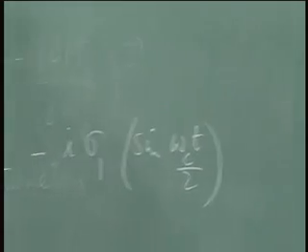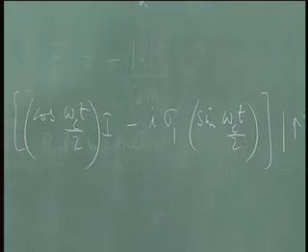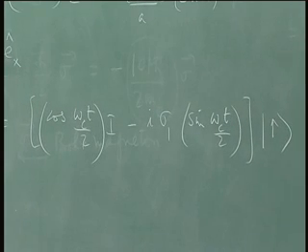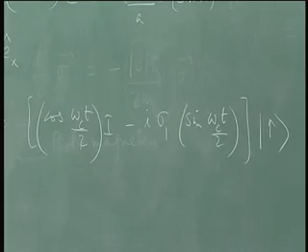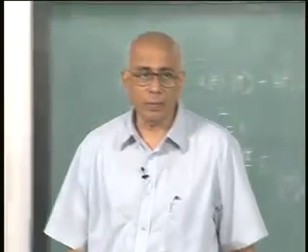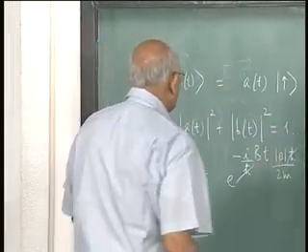This whole thing acts on this state there, okay, and that is explicit now. So this is what it is exactly at any later instant of time. Well, let us compute what it is, let us work it out.